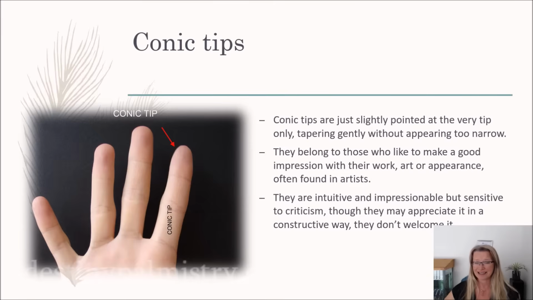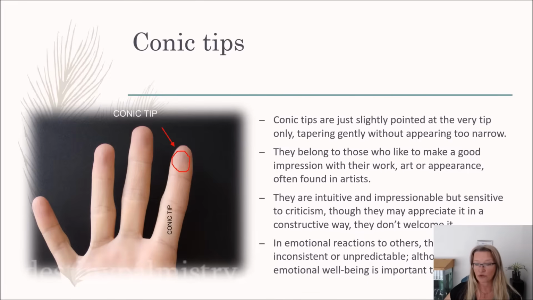Often on artists, they can be intuitive and impressionable, but also sensitive to criticism. And that is especially true if the tip of the finger is bulbous. And what I mean by bulbous is the front pad is not flat, and if it's kind of puffy looking, so that makes the person even more sensitive.